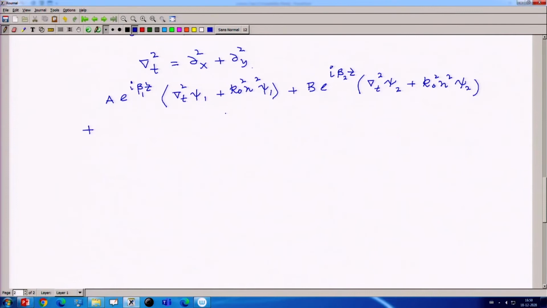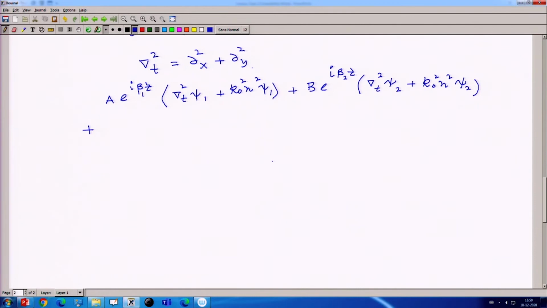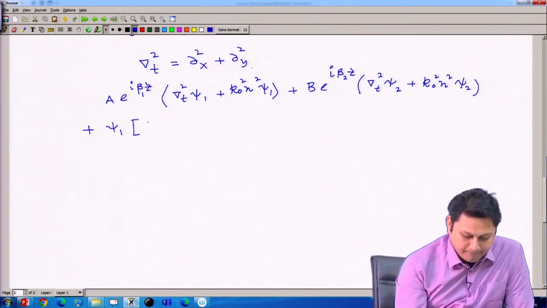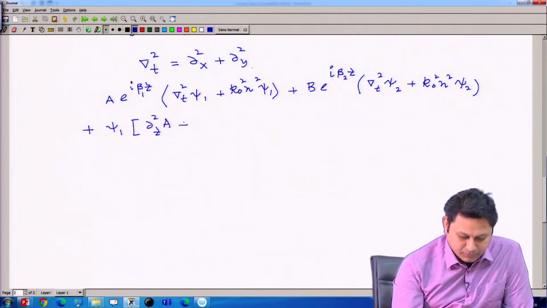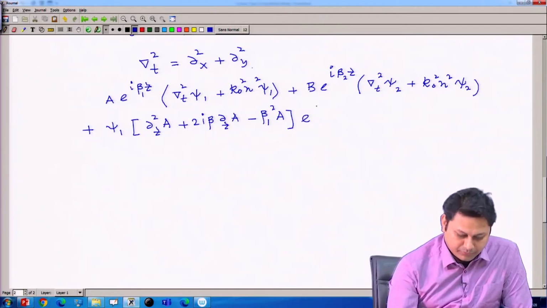So, we have to be careful enough to execute this z derivative, which is a double derivative, and if you do it carefully, then I can have a term like this, plus 2 I beta 1 derivative of a with respect to z, minus beta 1 square a e to the power of I beta 1 z.